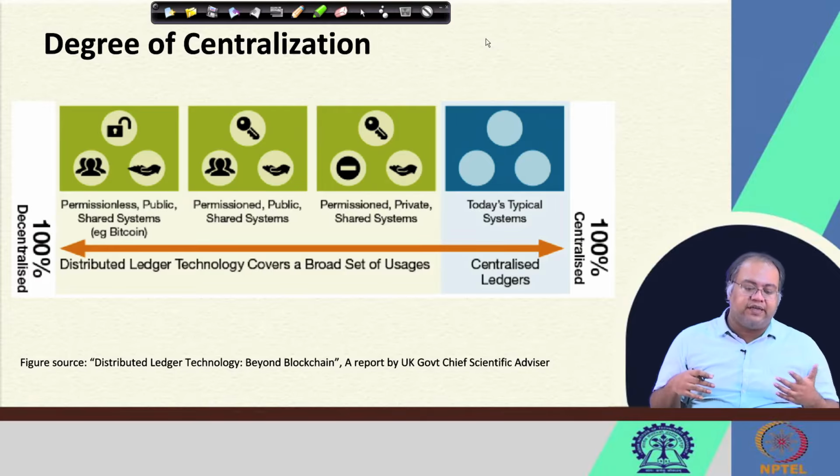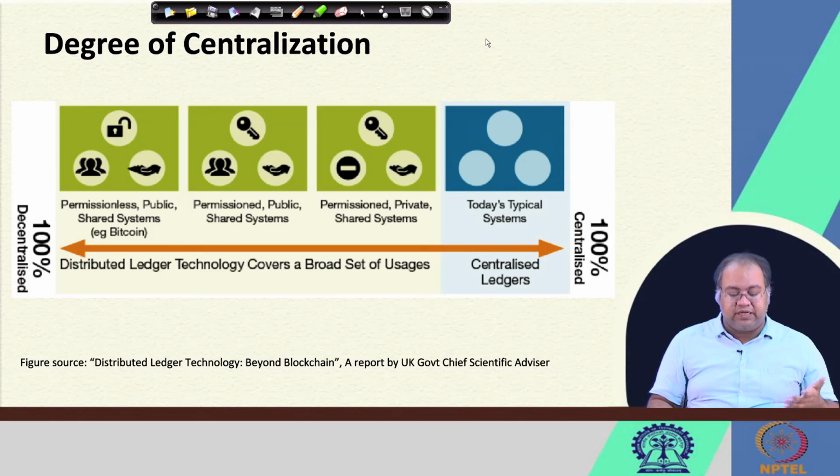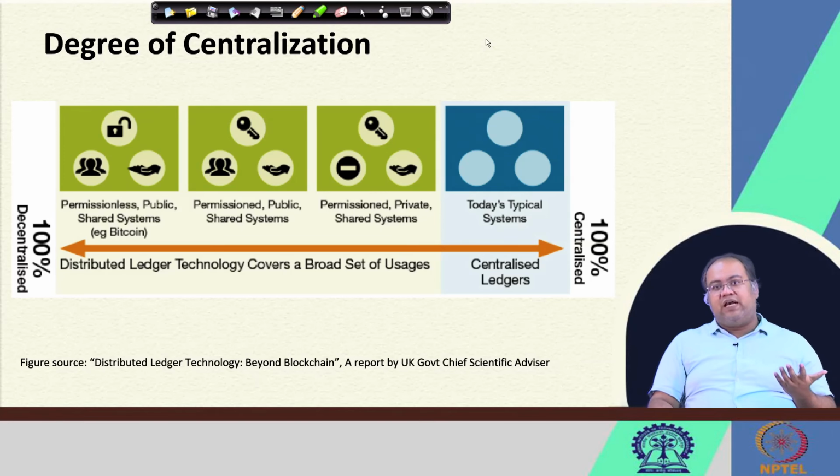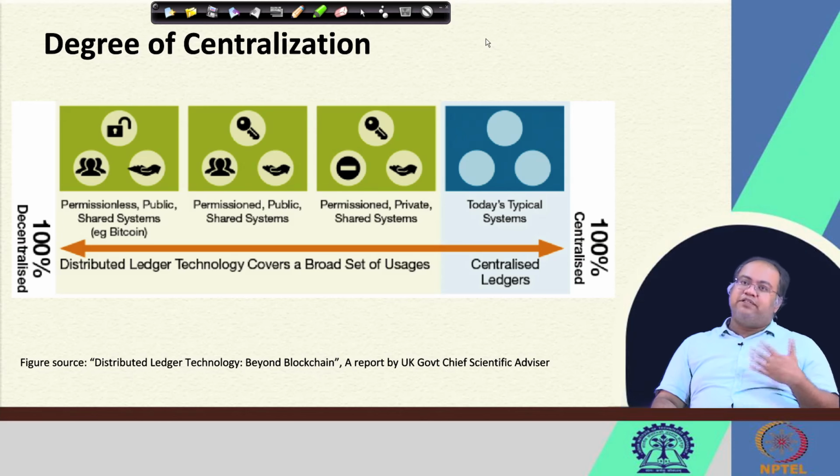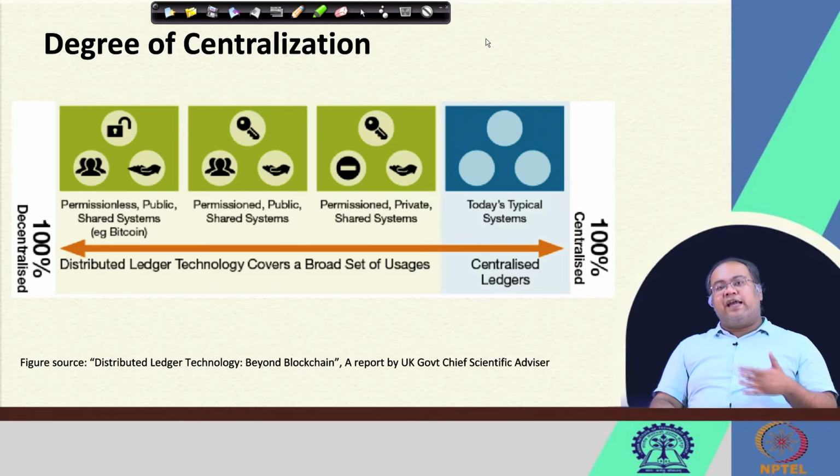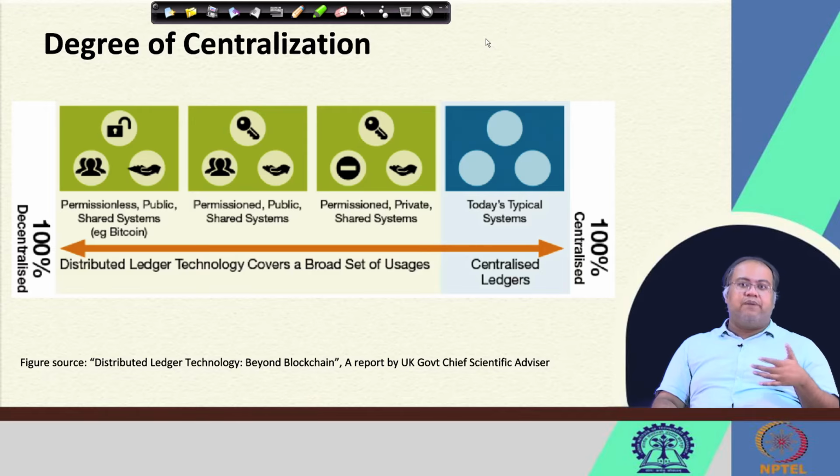So, it provides either a permissioned public shared system or a permissioned private shared system. The permissioned public shared system means that the system is still public, but the participants who participate in the system get pre-authenticated. So, that way they are permissioned. Only a permissioned entity can participate in your platform, but it is a public platform in that anyone can get a verifiable credential and join the system.